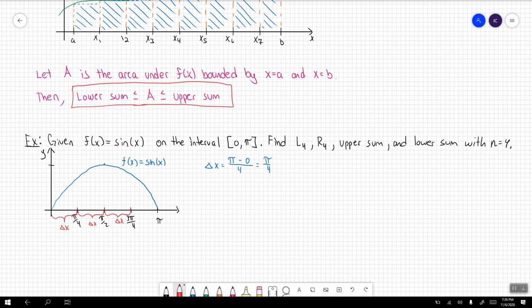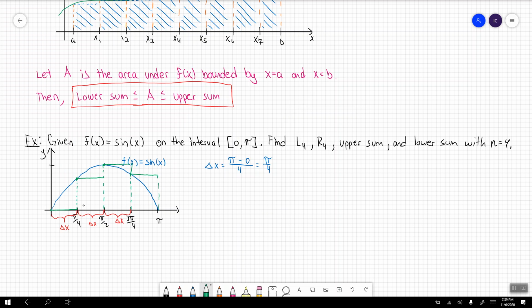Now I want to work with my left endpoints. For the left endpoints, I'm going to subdivide here, and on each interval I go to the left endpoint. The left endpoint creates the height for that rectangle.